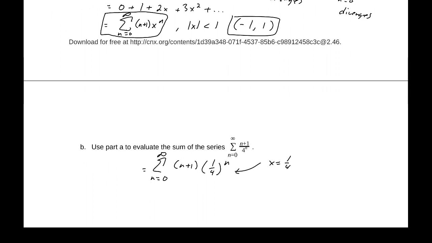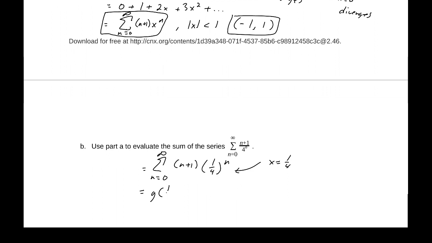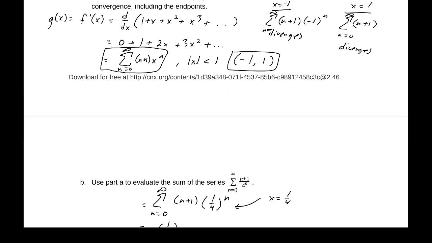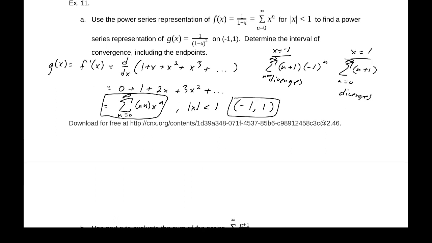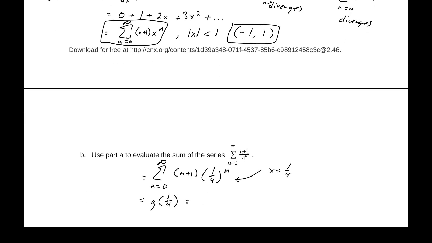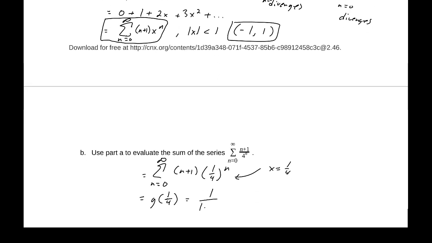So this is actually the same as g of 1/4, which is 1 over (1 minus x) quantity squared. 1 over (1 minus 1/4) squared. All right, 3/4 squared, that's 9/16, so 16/9 is the sum of that series.